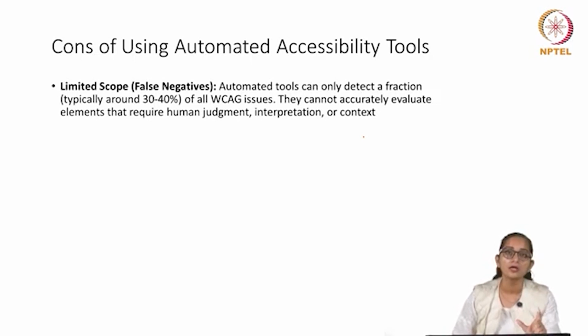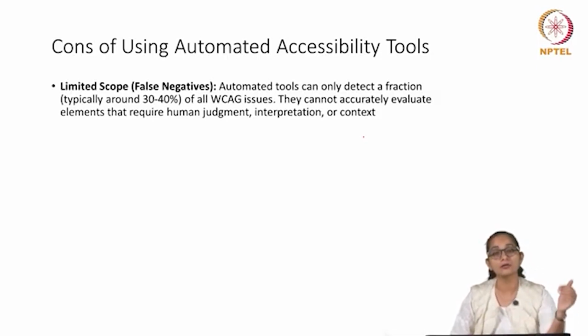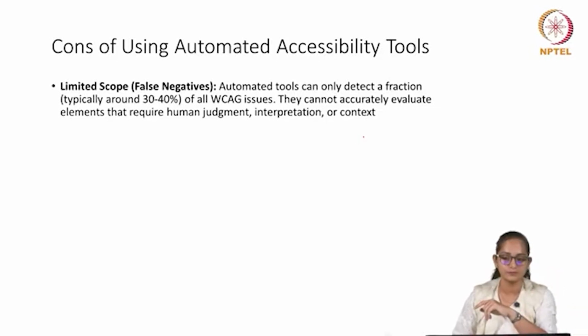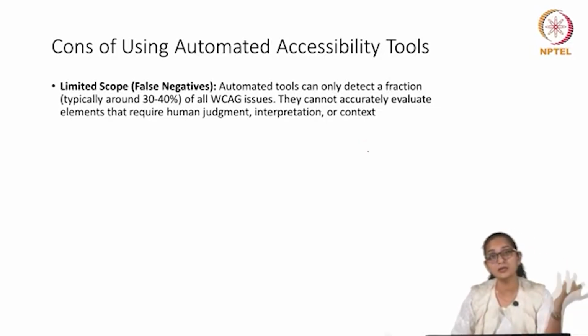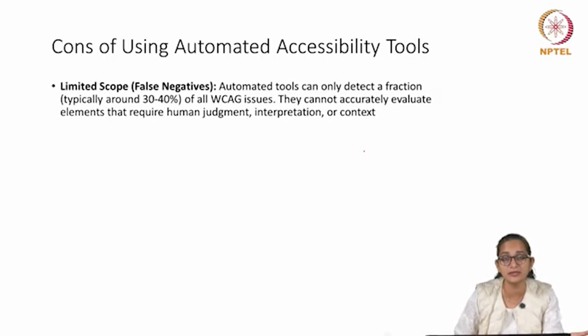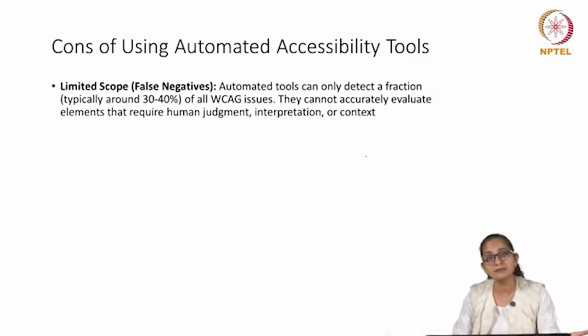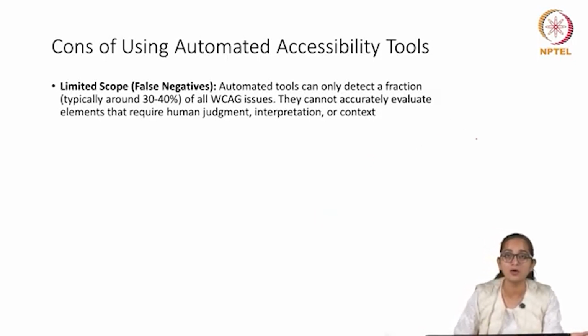They are not able to catch very complex or AAA level issues, and they cannot accurately evaluate elements that require human judgment, particularly around the understandability part of it, where cognitive semantic understanding is needed, and semanticism is very much a human or psychology concept.